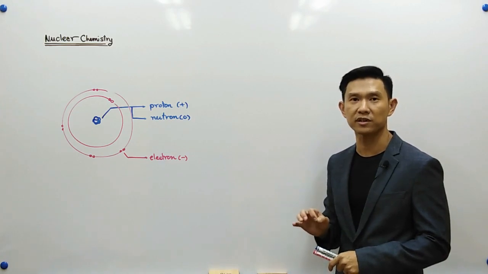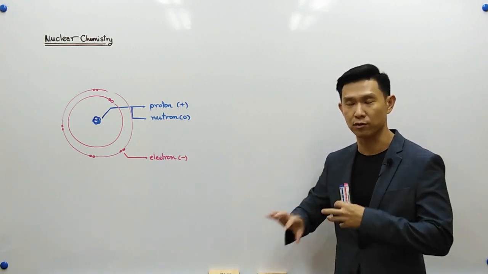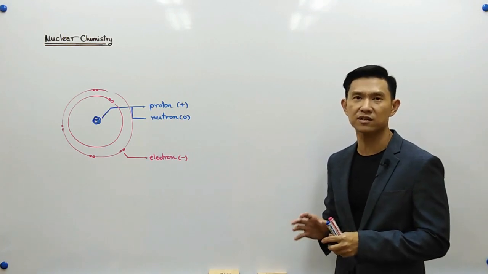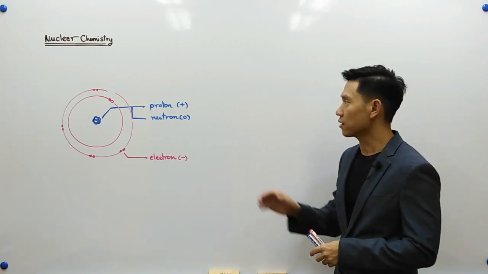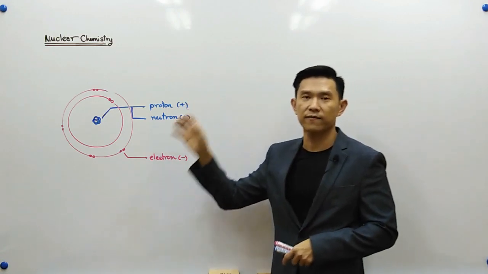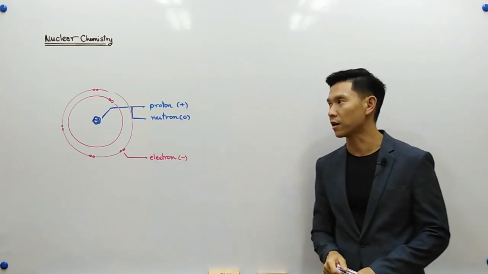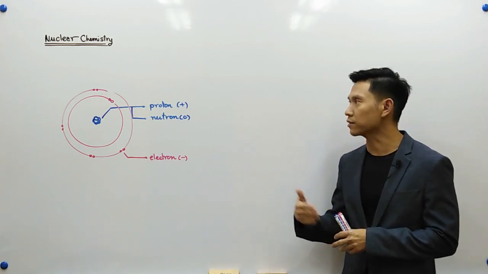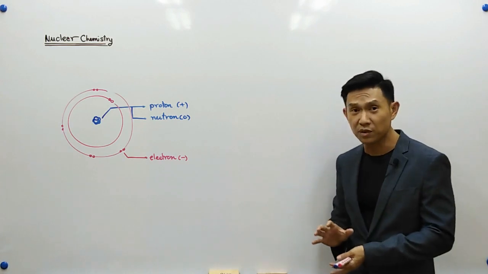If you look at this kind of structure, you can see that the positive charge of the protons creates electrostatic repulsion in the nucleus, and makes the nucleus itself not really stable, right? But we know that we have several hundred types of atoms, several hundred types of nucleus.